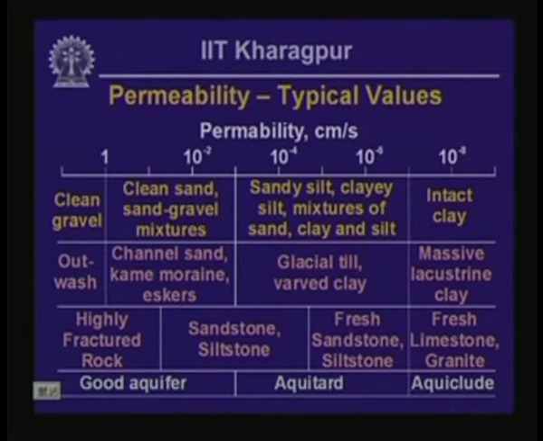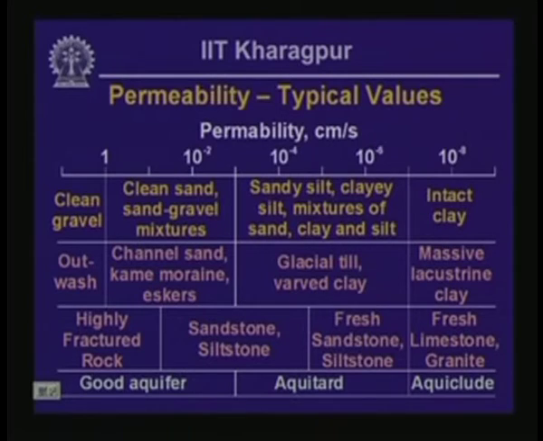So outwash deposits are towards the left end of this particular permeability scale. Then we might have channel sand, Kame moraine and eskers. Kame moraine and eskers are two different types of glaciofluvial deposits, if you recall from our previous lessons.